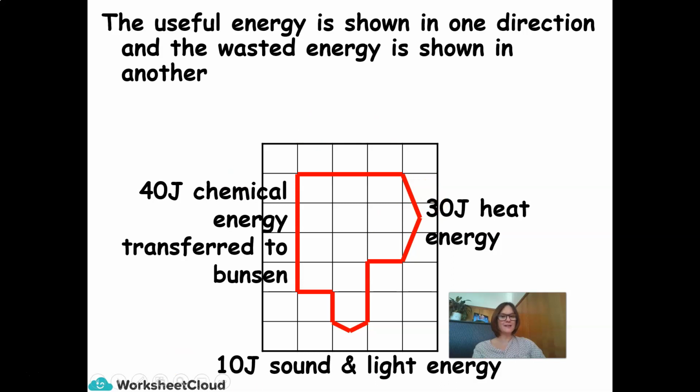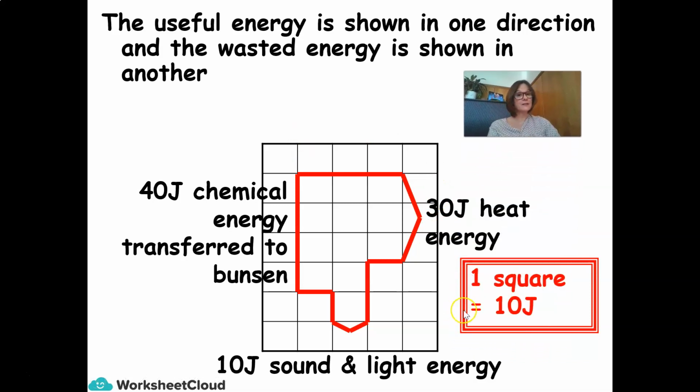Okay, so can you see how the Sankey diagram is working? So 1 square here on this graph paper would equal 10 joules, and then you would be able to work it out. Okay. So there's your 10 joules, 1 square, and here's your 30 joules. 1, 2, 3.